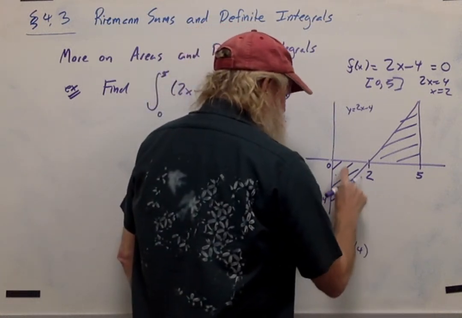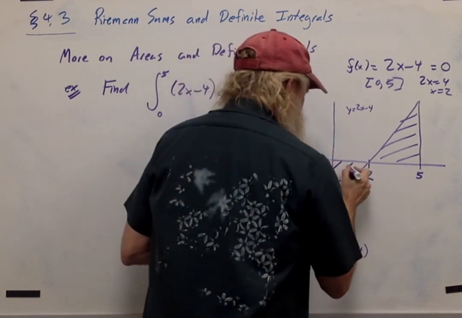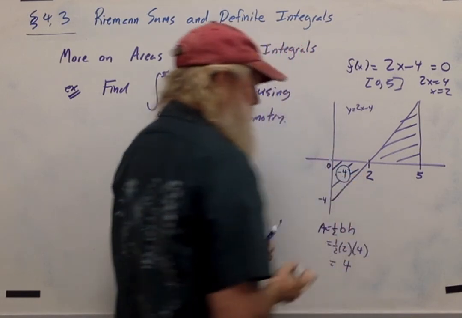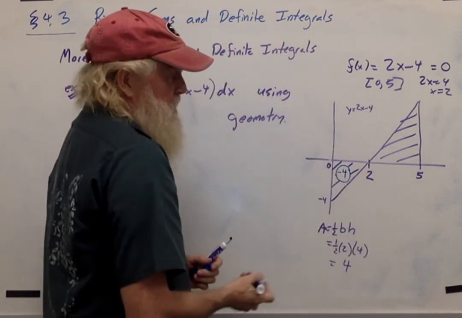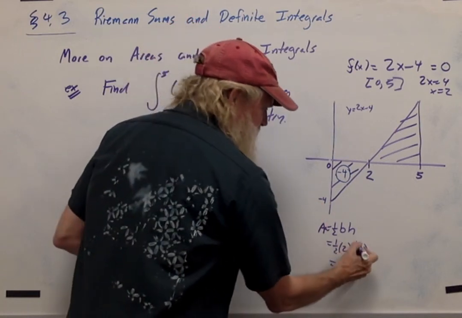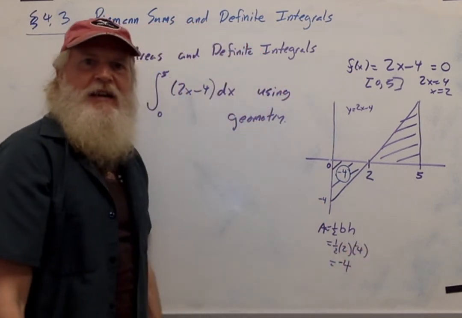But we're going to count this as negative. So with this first one, we're getting an area of negative 4. One way we could interpret that is to notice that this height is actually negative 4. So it kind of makes sense to have negative 4 as the height.